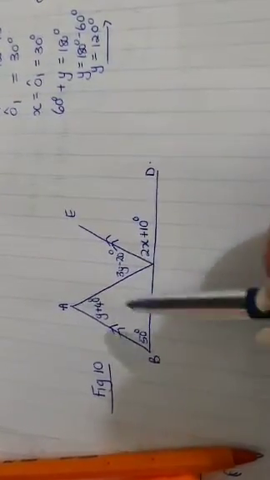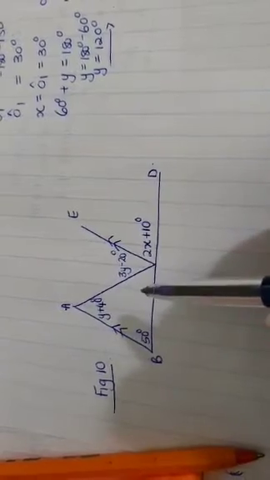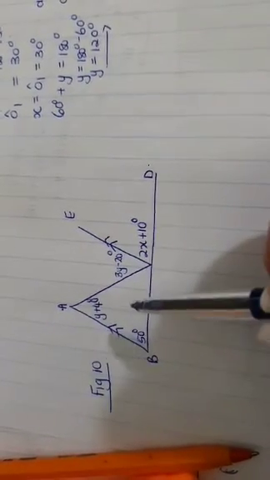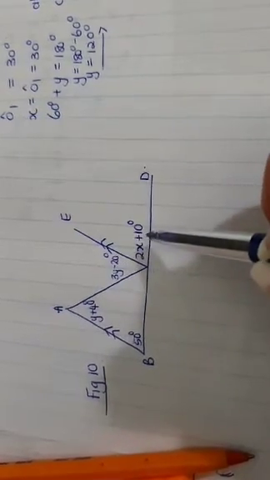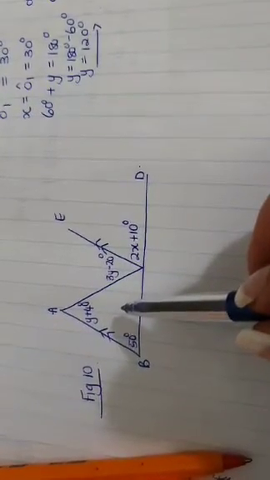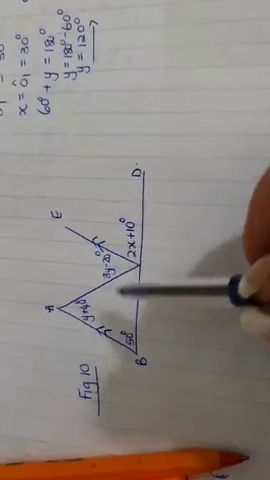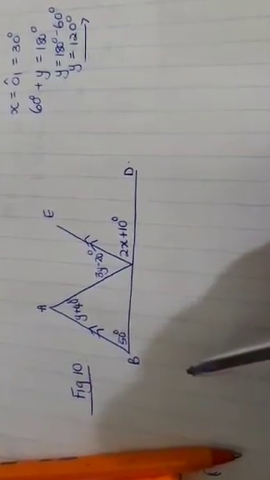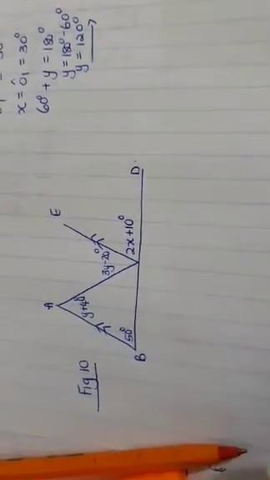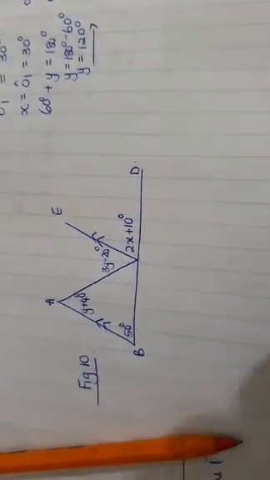Do not exclude anything. Don't add anything as yet. So when I'm trying to find the letter y, don't bring in x with the letter y. You don't want to solve for two letters at the same time in a geometry sum. You only want to solve for one letter at a time. So let's start with the letter x.